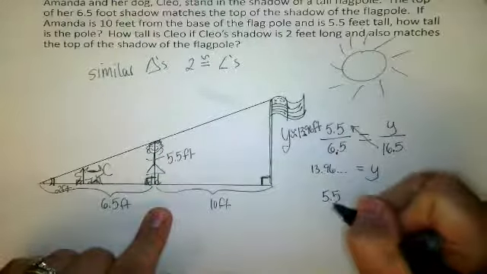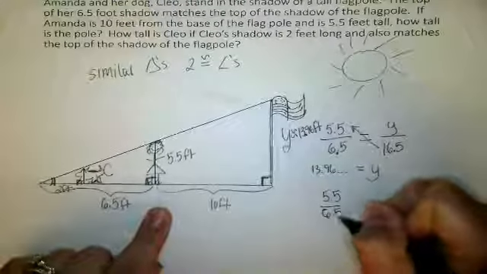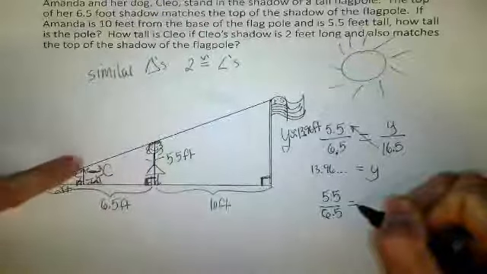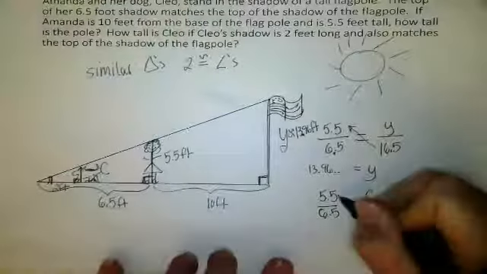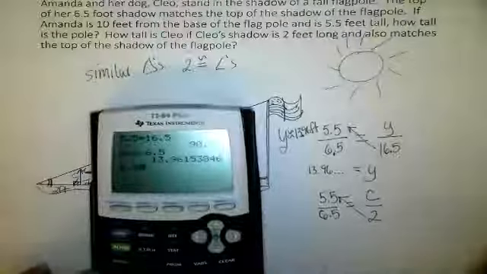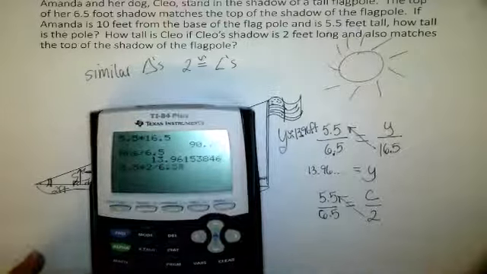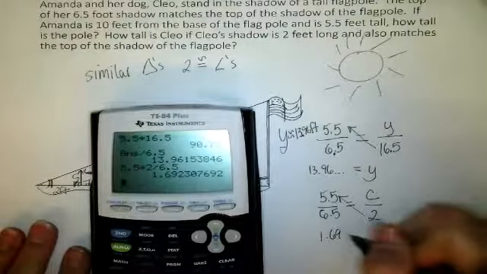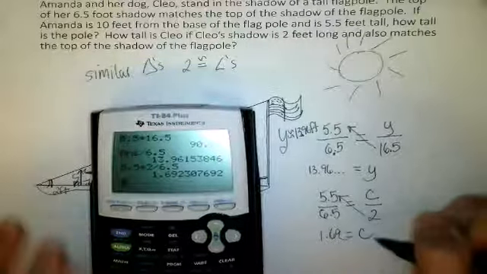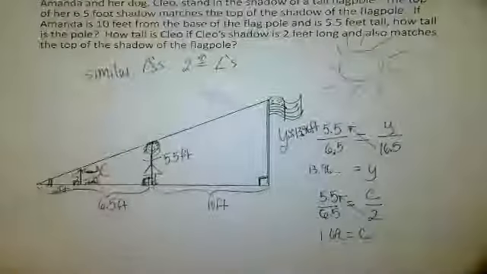So my height to my shadow is going to be proportional to Cleo's height to Cleo's shadow. And again, we can multiply by 2. So 5.5 times 2 divided by 6.5 is 1.69, and so on, for Cleo's height, okay?